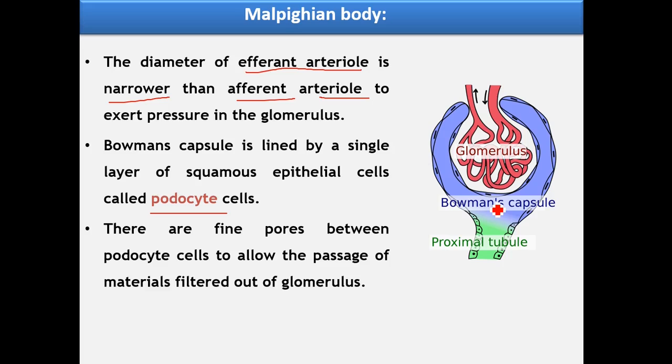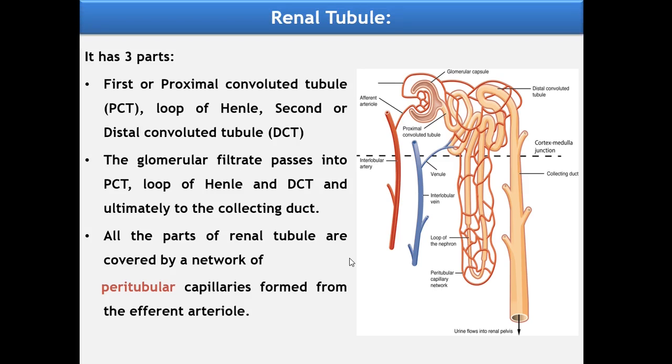There are fine pores between the podocyte cells, and these pores allow the passage of materials filtered out of the glomerulus. So, whatever the filtered materials are, they enter this Bowman's capsule, this Y-shaped structure, through the podocytes, which have the pores.